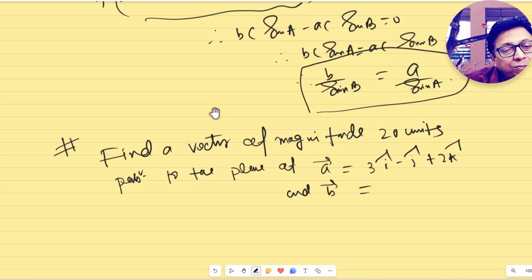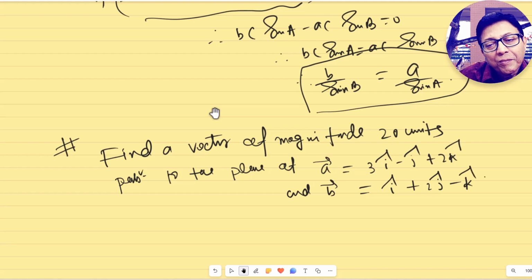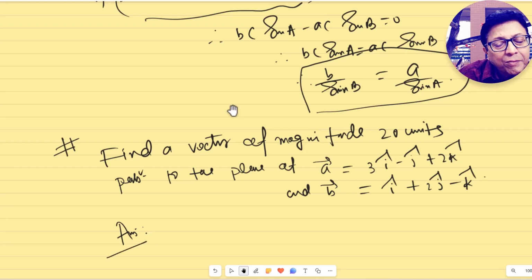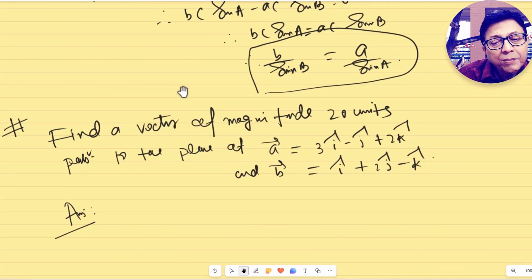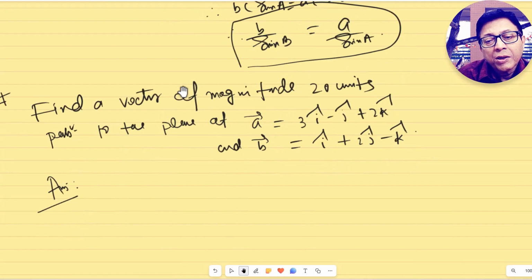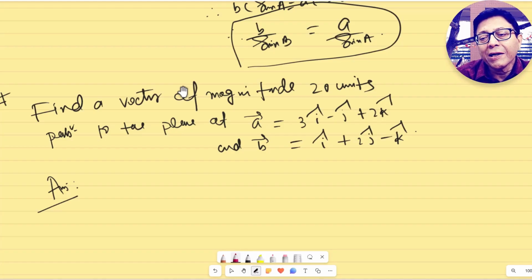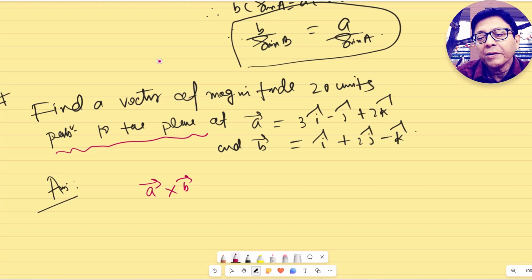Find a vector of magnitude 20 units perpendicular to the plane of A equal to 3i minus j plus 2k and B equal to i plus 2j minus k.